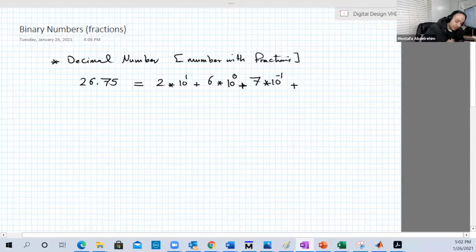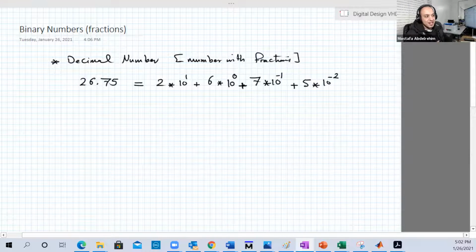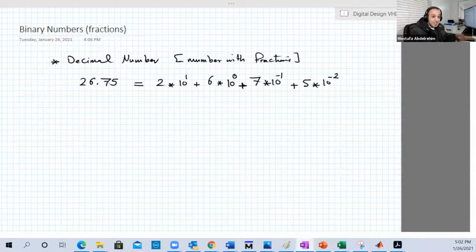Plus 5 multiplied by 10 to the power of minus 2. Now let's see if this reduction was correct. You just calculate what you have, and if you get back to 26.75, then you are right.